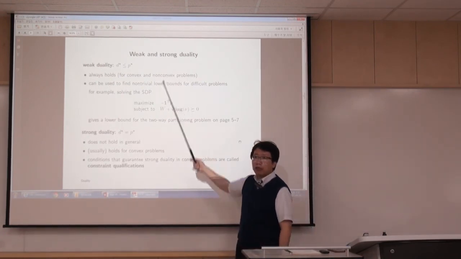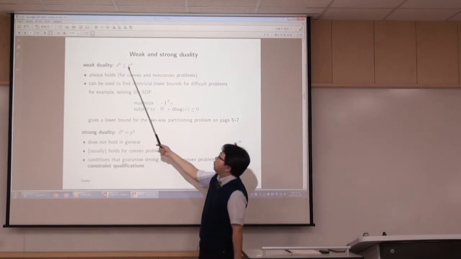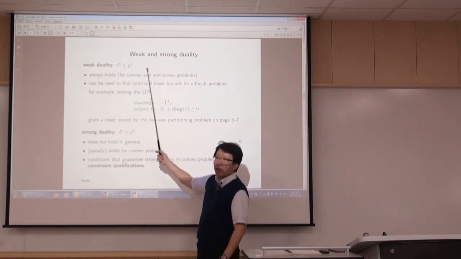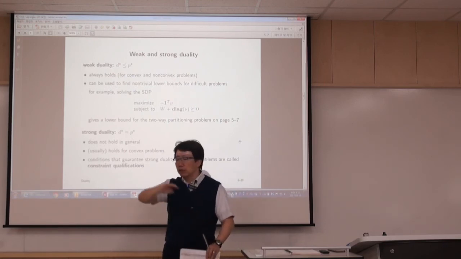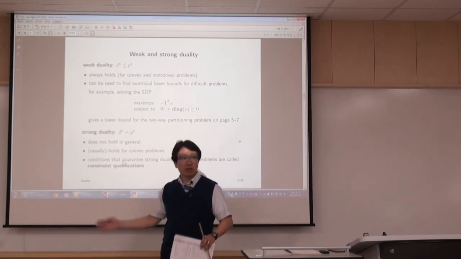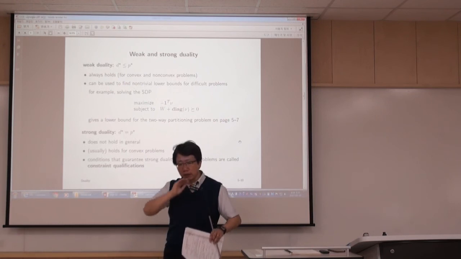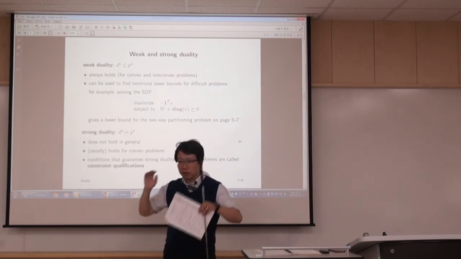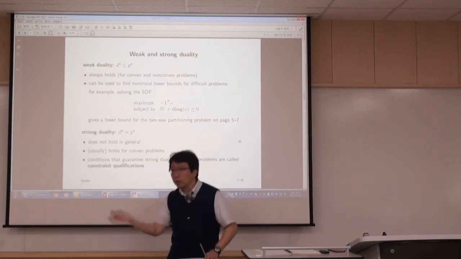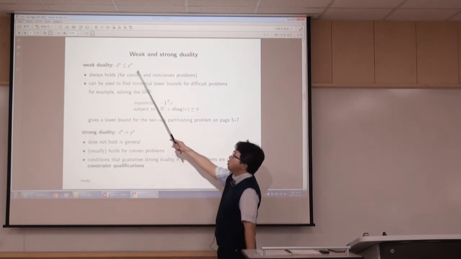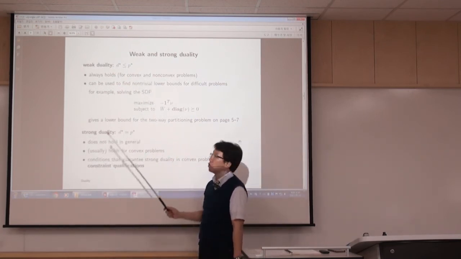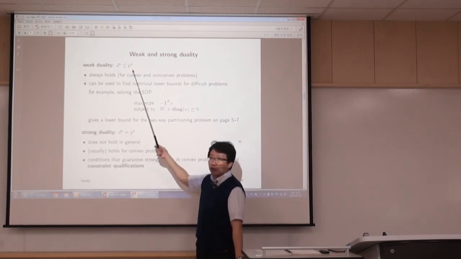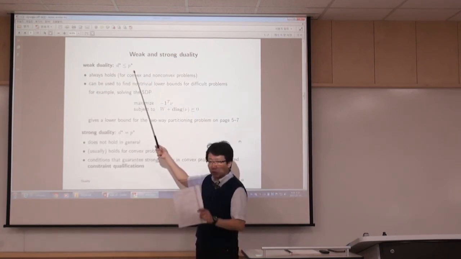This is what I already explained. In any case, if we have defined our Lagrangian function so that if we infimize that problem over the domain, we have a lower bound, then this always holds, because we intentionally designed the Lagrangian function, the Lagrangian dual function and the dual problem.